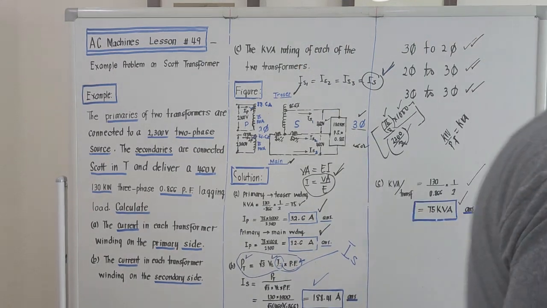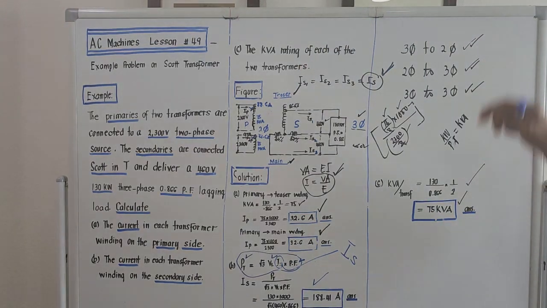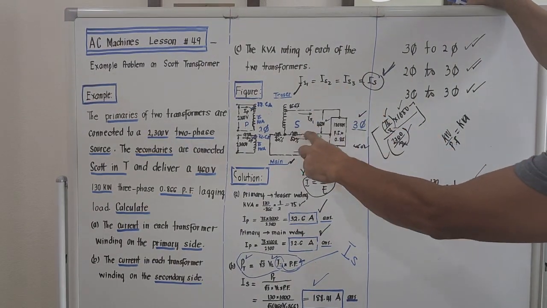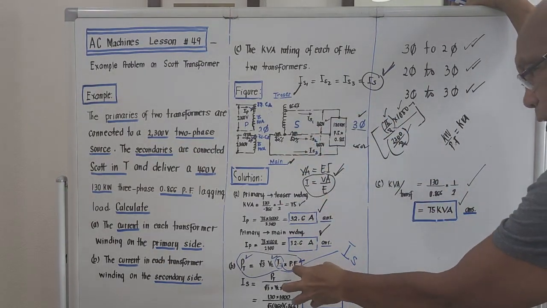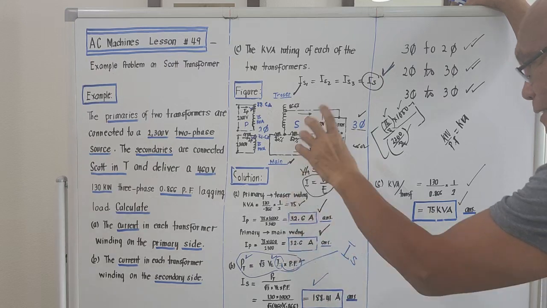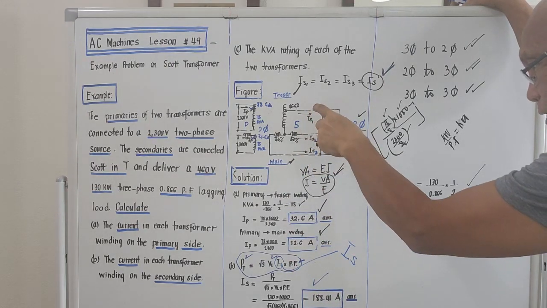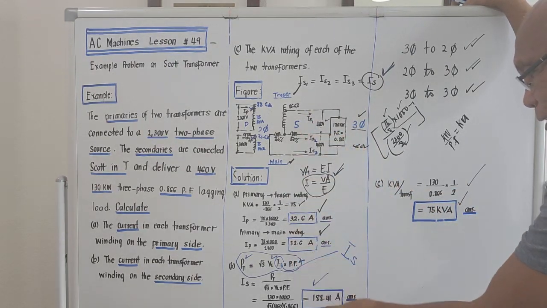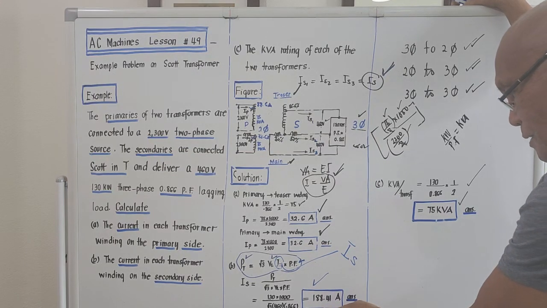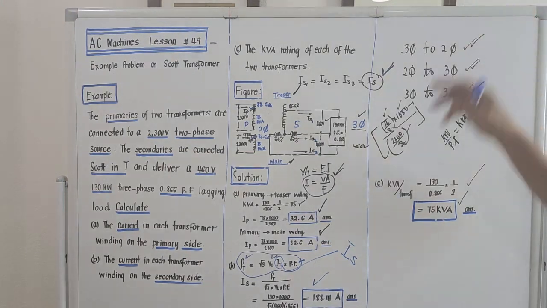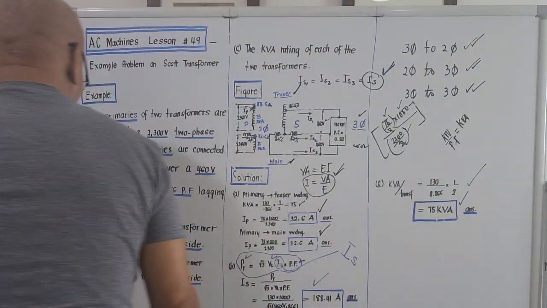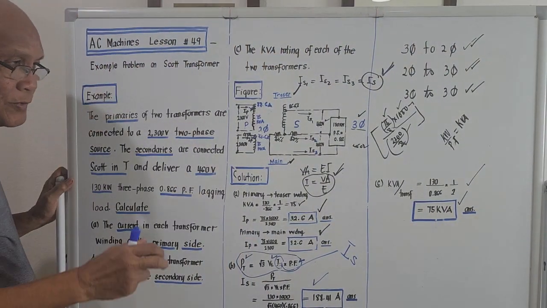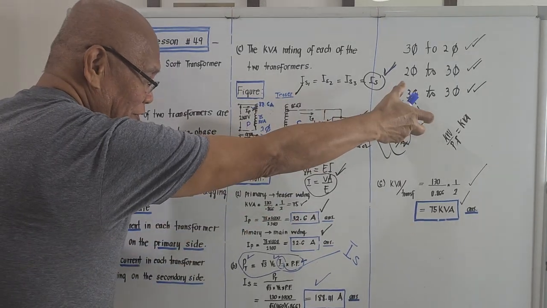Okay, we do not have any problem with the values of IS1, IS2, and IS3 because the load is balanced, so we could use the formula for a balanced load. And luckily, the currents in each line are actually equal, and it came out as 188.41 amperes. Okay, that's it, guys. That's how we compute currents for a two-phase to three-phase.